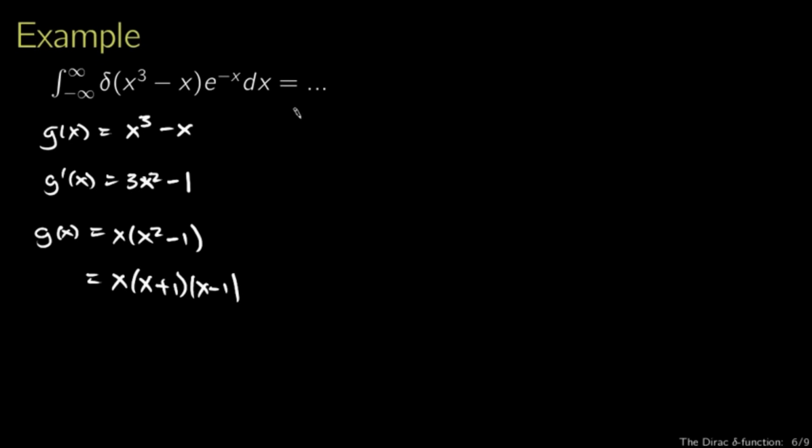So that allows me to re-express my delta of x cubed minus x as I have just 3 zeros from this. x1 equals 0, x2 equals minus 1, and x3 equals 1. So I can express it as a sum of 3 delta functions.